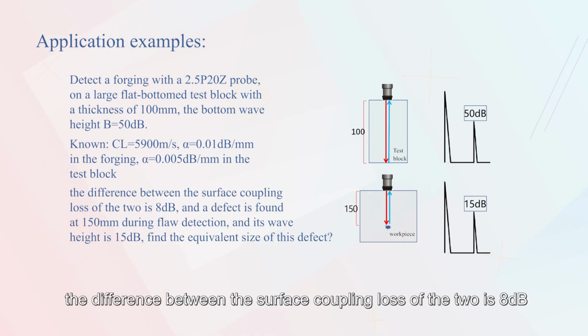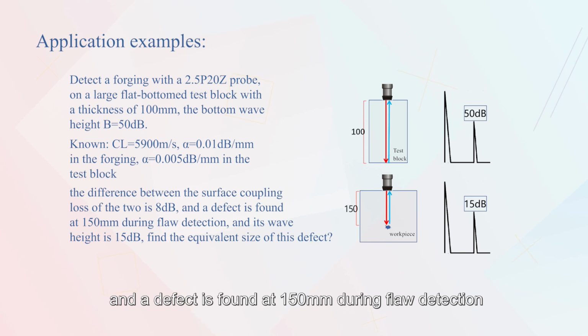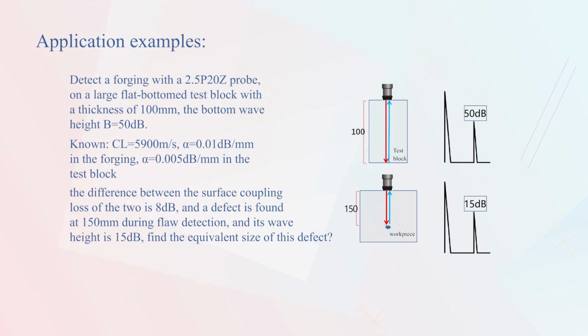The difference between the surface coupling loss of the two is 6 dB, and a defect is found at 150 mm during flat detection, and its wave height is 15 dB. Find the equivalent size of this defect.